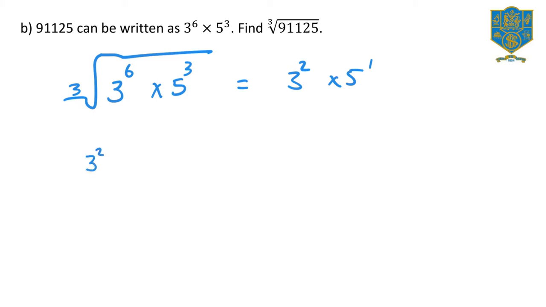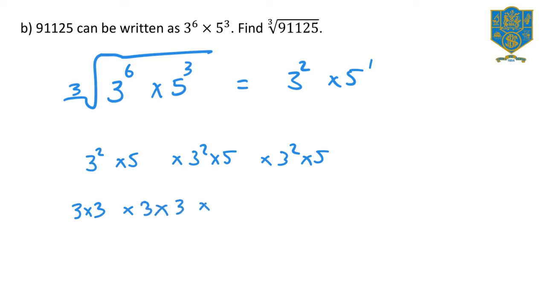So we'd have 3 squared times 5, multiplied by 3 squared times 5, multiplied by 3 squared times 5. Looking at the 3's, you'd have 3 times 3, times 3 times 3, times 3 times 3, which is 3 to the power of 6. And looking at the 5's, we have 5 times 5 times 5, which is 5 cubed.